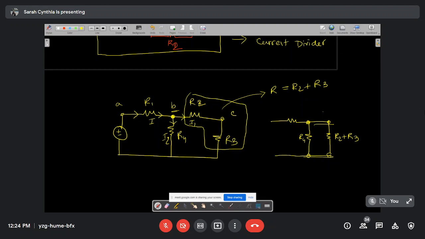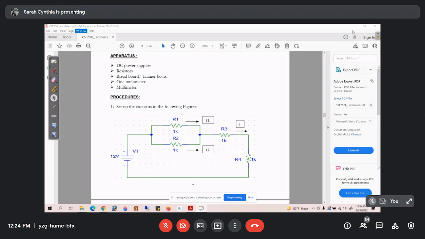So let us move on to today's task. I hope you do not have any further questions regarding series and parallel circuits. This is our first task. Can you see it? Yes, ma'am. From the circuit, you can very evidently see that it is a combination of both series and parallel connections.